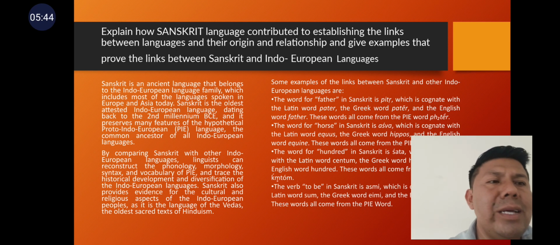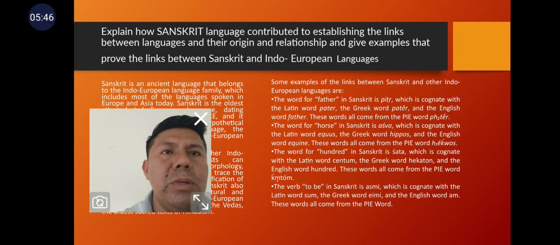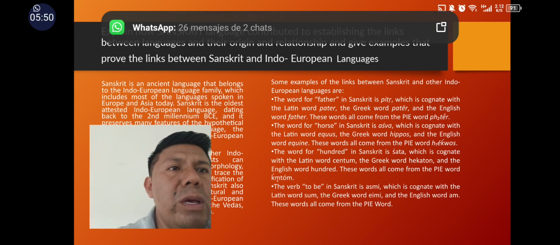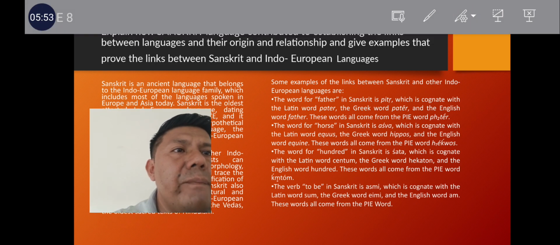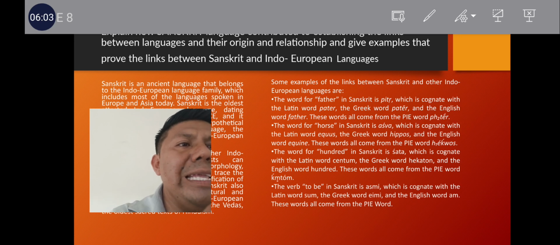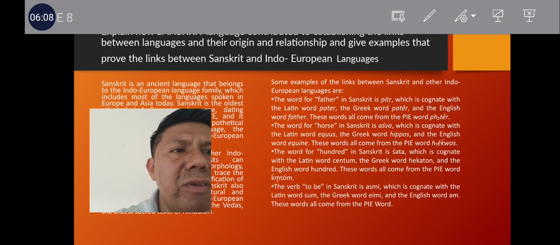To compare the relationship between Sanskrit and the Indo-European languages, we have this example. The word father in Sanskrit is pitar, which is cognate with the Latin word pater, the Greek word pater, and the English word father. We have another clear example.